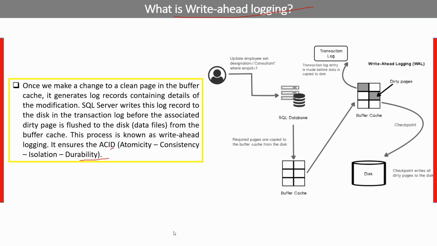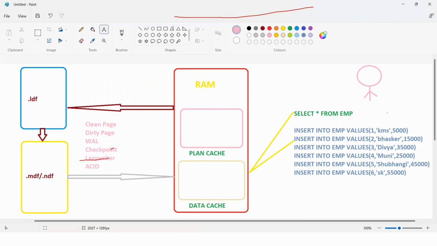Now a very important option is checkpoint. Definitely you will get one doubt. Dirty pages are available in the cache itself. How will these dirty pages move to the MDF file?